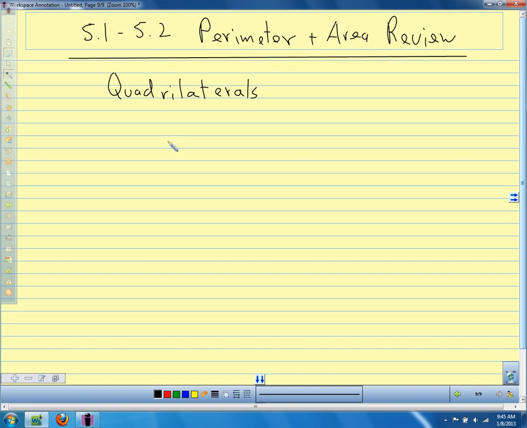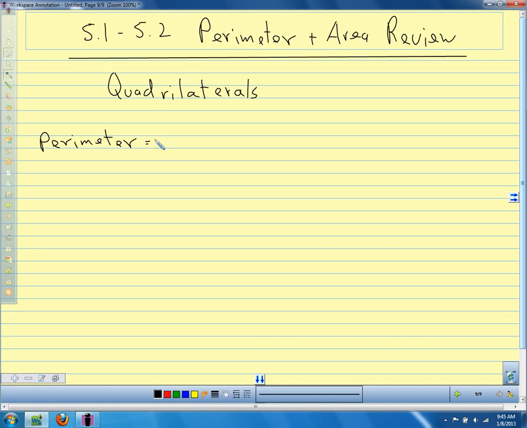The first ones we're going to talk about are squares, rectangles, and parallelograms. So perimeter. How do we find the perimeter of any shape? Add all the sides. No matter what shape it is, we just add up all the sides.